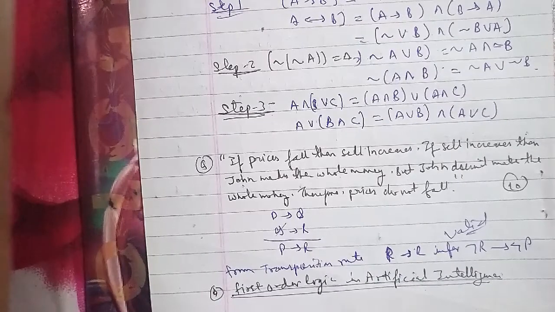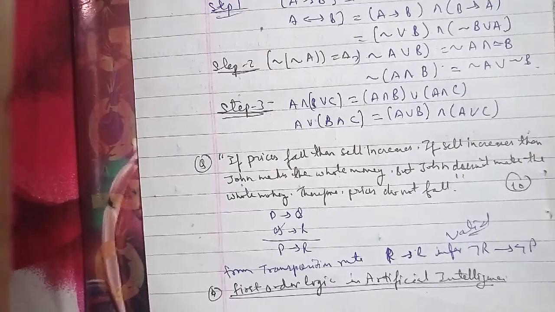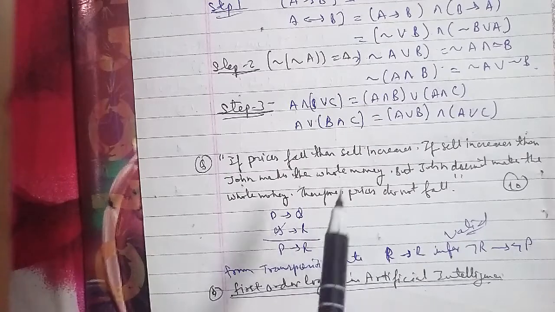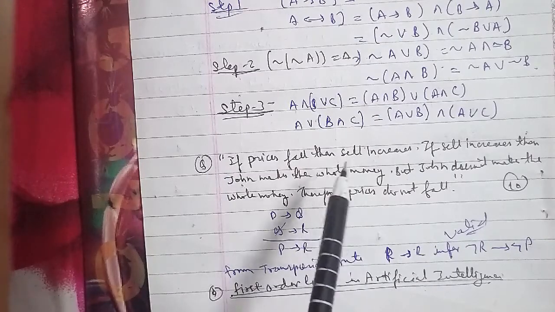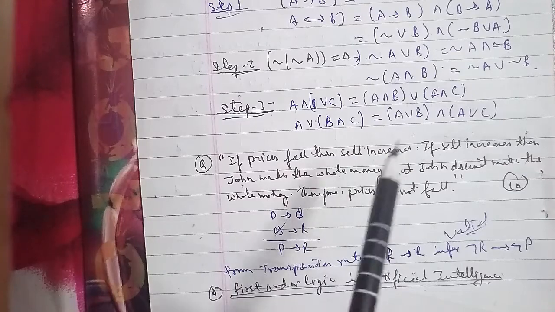Here, first order logic is a powerful language that develops information about objects in an easier way, and can also express the relationship between those objects.